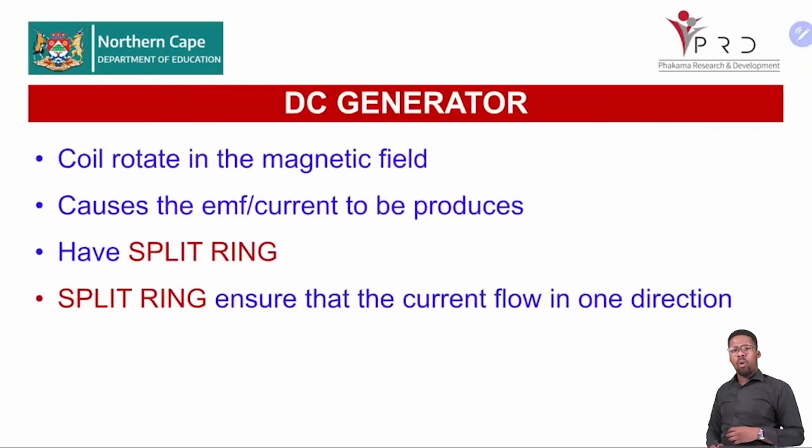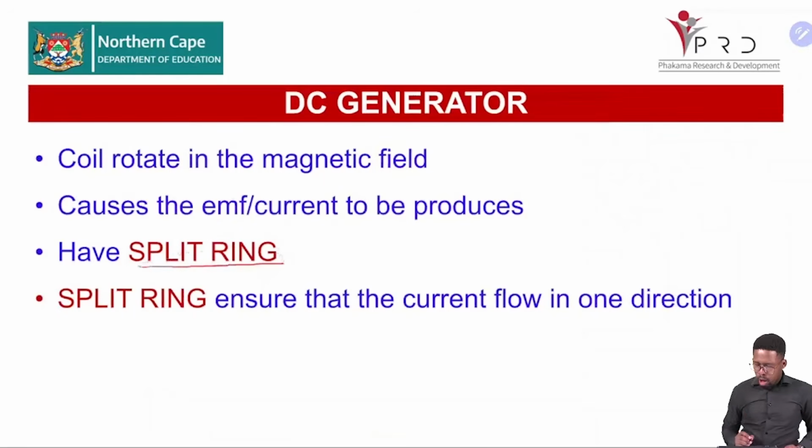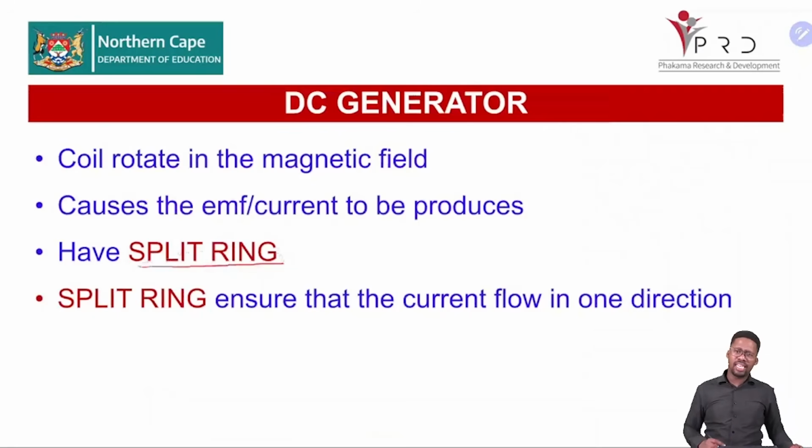But now, what is the difference between AC and DC? The word DC means direct current. A direct current has one component that makes it a direct current, and that is what you call a split ring, or what we call a commutator.